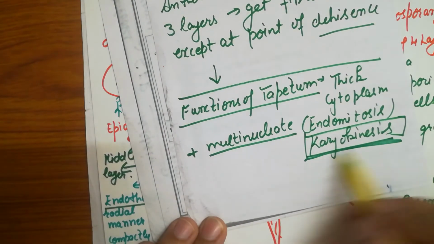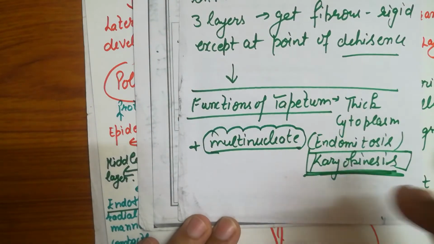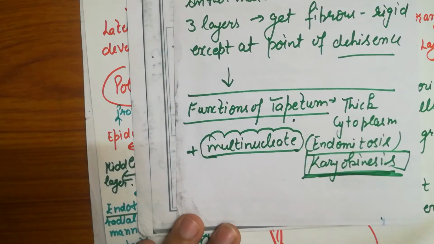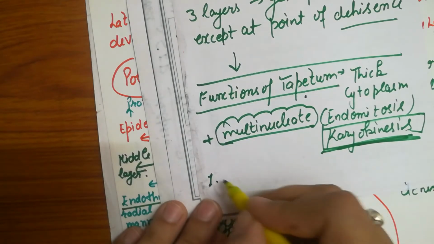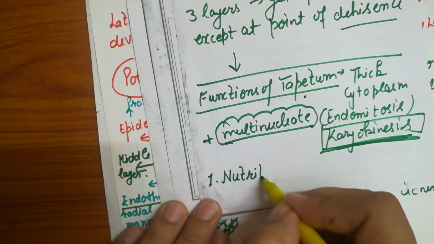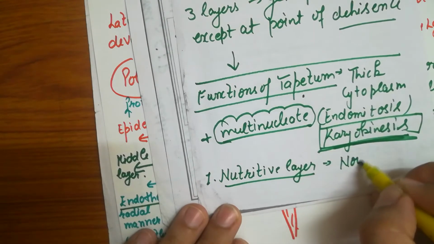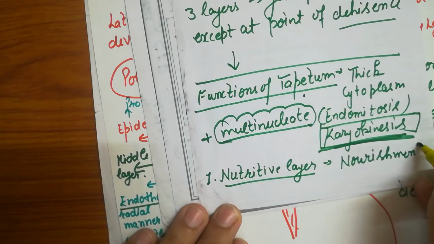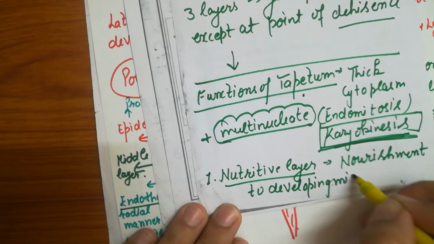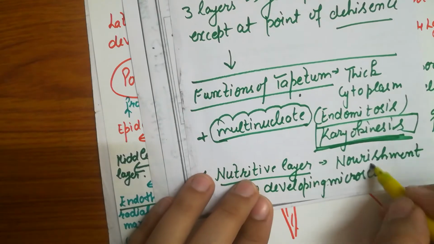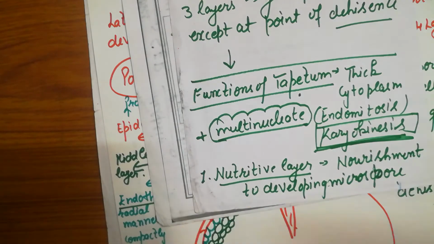So tapetum has thick cytoplasm and is multinucleate. What is its function? The most important function of tapetum is that it is a nutritive layer. Nutritive means it provides nourishment, to the developing microspores inside the anther.